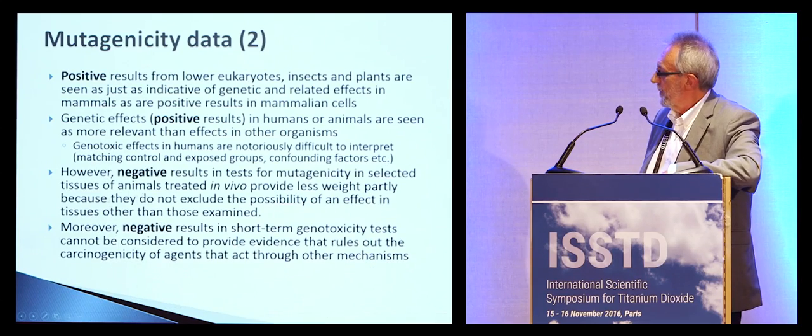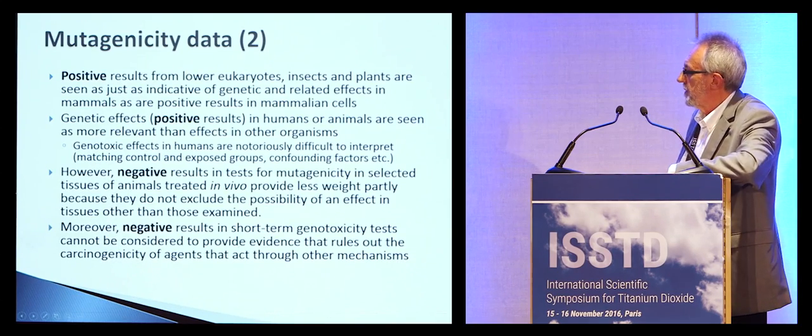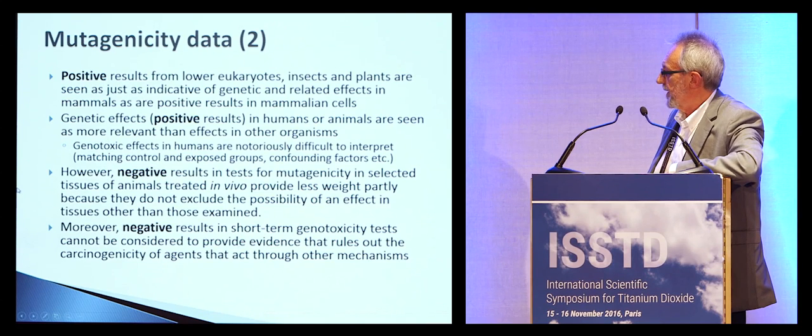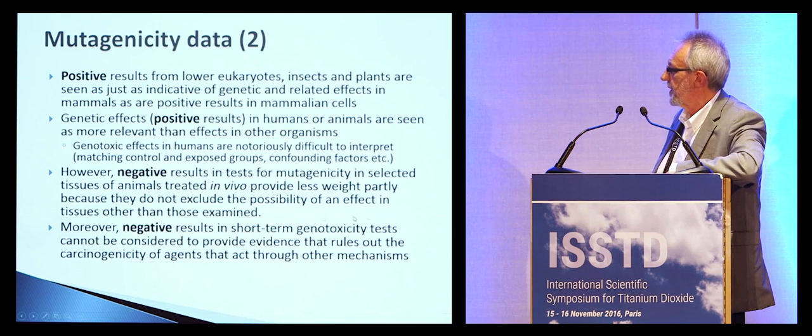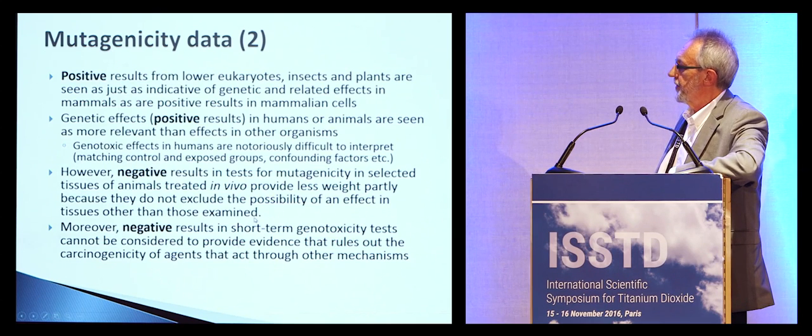On the other hand, negative results in selected tissues of animals treated in vivo provide less weight, partly because they do not exclude the possibility of an effect in tissues other than those examined. So you get a negative result, for example, in a bone marrow micronucleus test, and someone turns around and says, but you don't know what's happening in the liver.